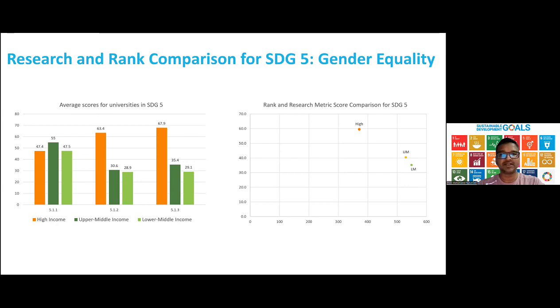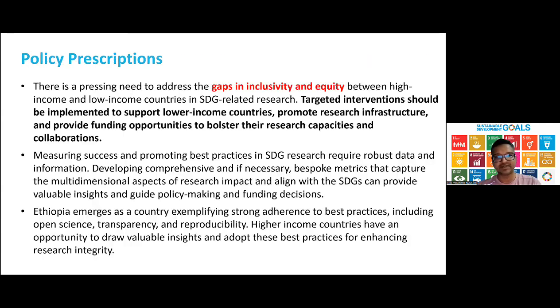So in terms of the policy prescription, we talk about gender equality and other inequality and inequity. But in terms of the research, we all know research can be a solution or a tool for addressing the community challenge, the country challenge, and so on.